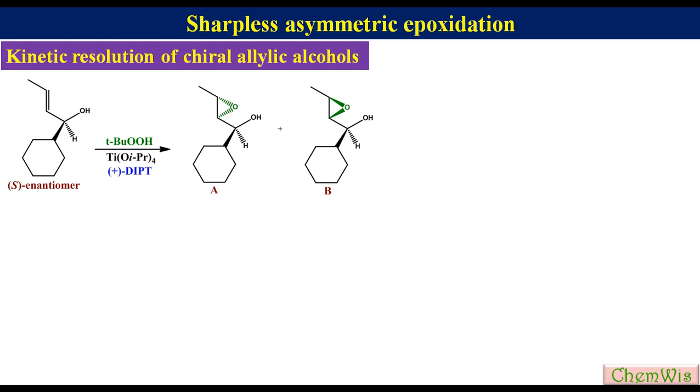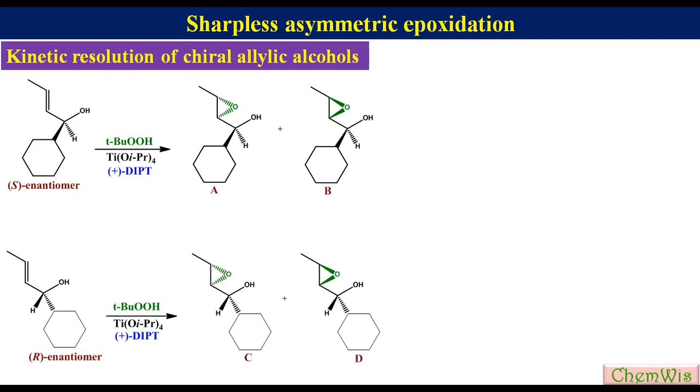If we allow the R enantiomer of the same alcohol to react under the same condition, it gives two diastereomers C and D. In S enantiomer, bottom face attack is favored due to less steric hindrance and also due to ligand factor.